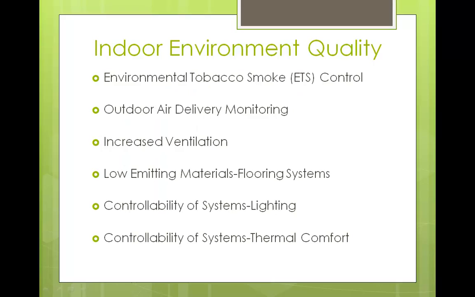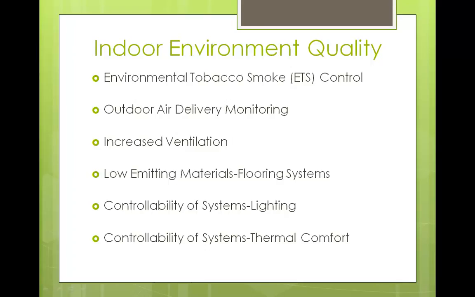For Indoor Environmental Quality, ETS, Environmental Tobacco Smoke, this credit is intended to keep harmful environmental tobacco smoke from the ventilation systems, therefore keeping the occupants safe and in a healthy non-smoking facility.